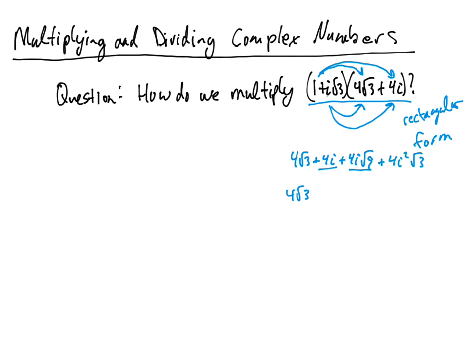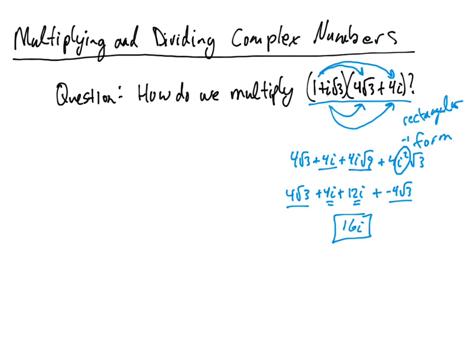Well, root 9 is 3, so we're going to get 4i plus 4i times 3 is 12i, and then i squared is negative 1. This is negative 1 times 4 is negative 4 square root 3, and then we can continue to combine. 4 root 3 and negative 4 root 3 is 0, 4i and 12i is 16i.